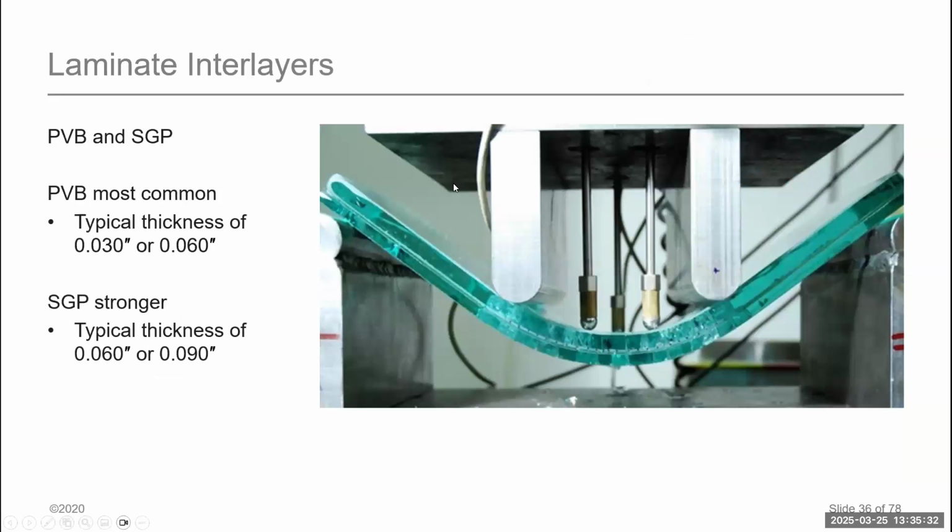We do use inner layers that are commonly called in the market that we see for guardrails PVB and SGP. Now, polyvinyl butyral can come in thicknesses of 0.03 and 0.06. There will be equivalents in the market that we will hear that are EVA.